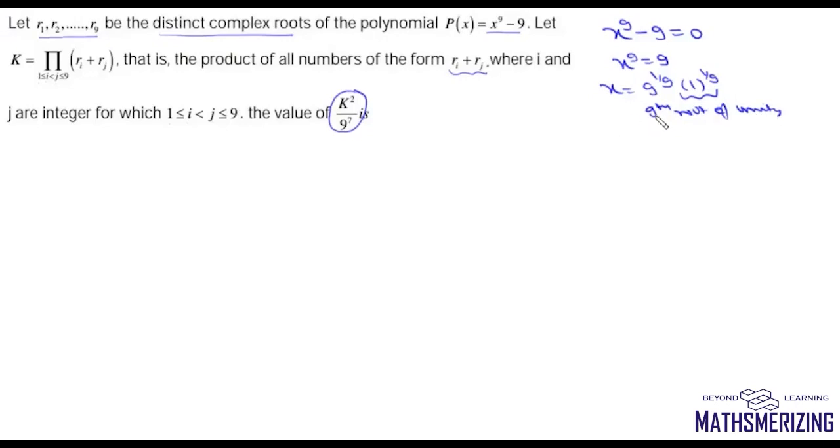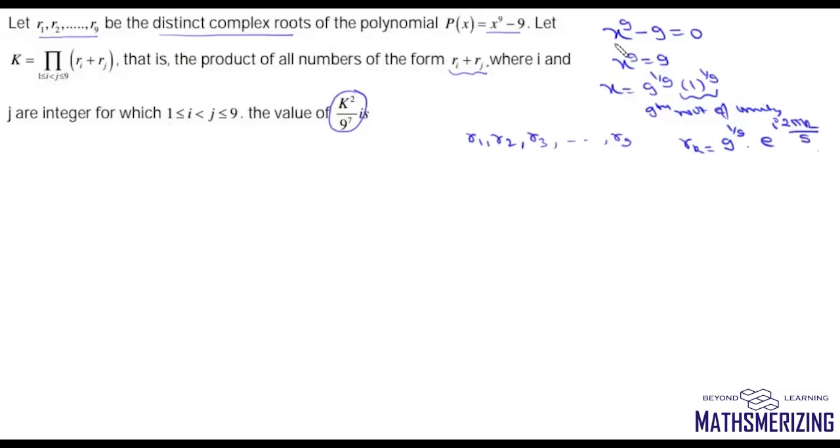Now suppose the 9 roots of this equation are R1, R2, R3 up to R9, and these 9 roots are of the form Rk can be expressed as 9 to the power 1 upon 9 e to the power iota 2 pi k by 9.